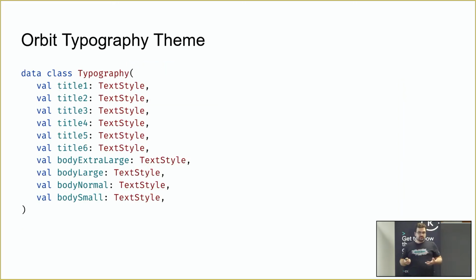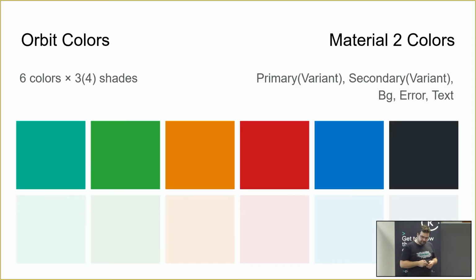How to solve this? We are creating our own typography class, which is part of our own Orbit system. So when our users, I mean developers, are using the Orbit Compose library, they may reference all those styles we need them to know and reference.